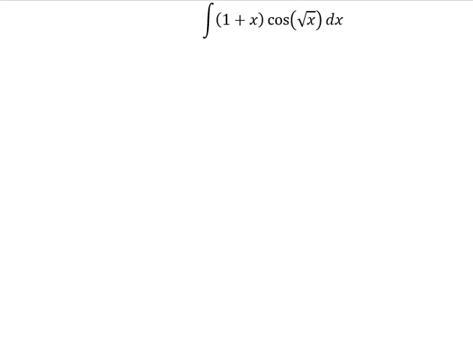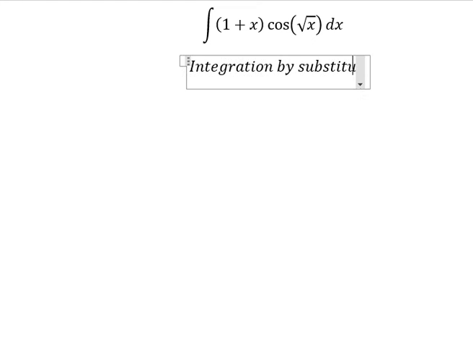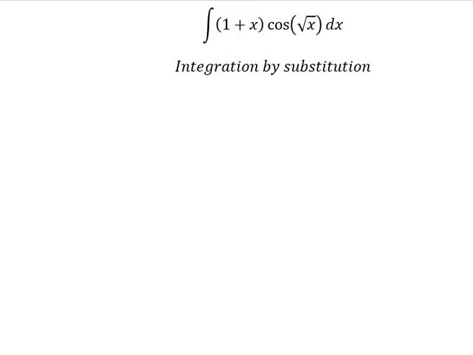Question number 2. We need to use integration by substitution. So we put s equal to u square. So if we do first derivative for both sides, you got ds equal to 2u du.